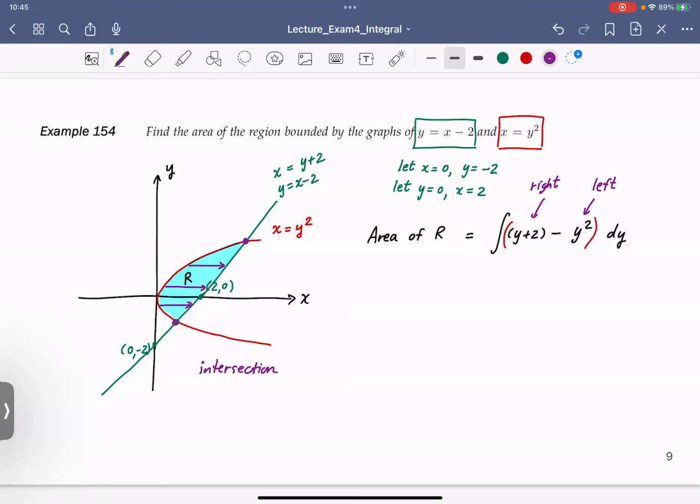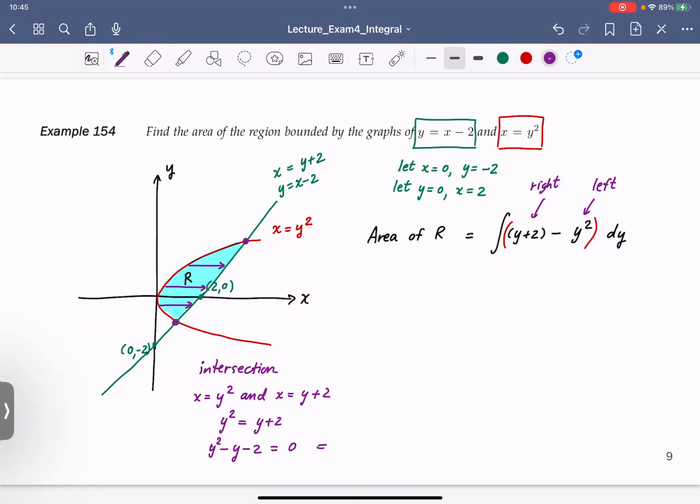You can just set up the equation and then solve for y. So x equal to y squared and x equal to y plus 2. So you have y squared equal to y plus 2. And that means y squared minus y minus 2 equal to 0.